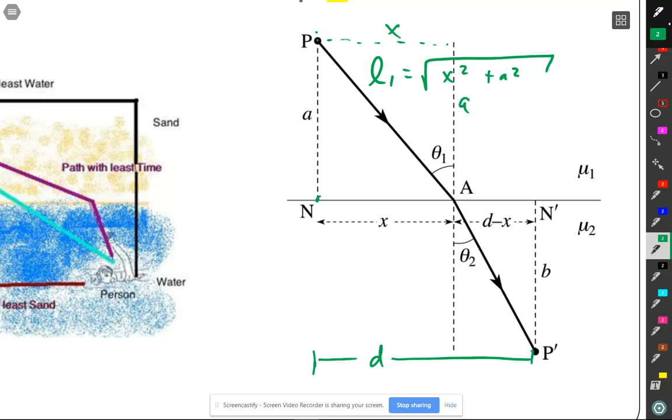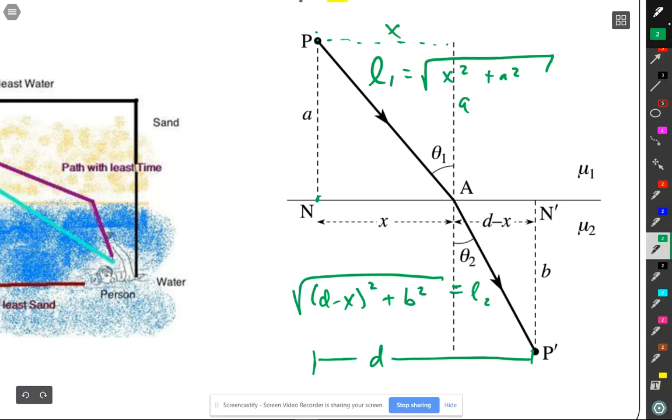So I found L1. What about L2 down here? This is L2. What's L2 equal to? Yeah. D minus X quantity squared plus B squared.